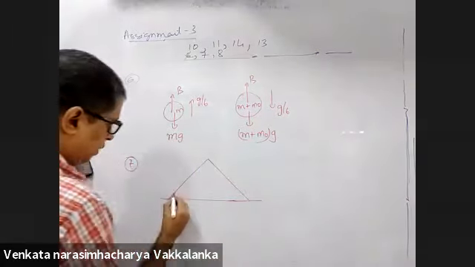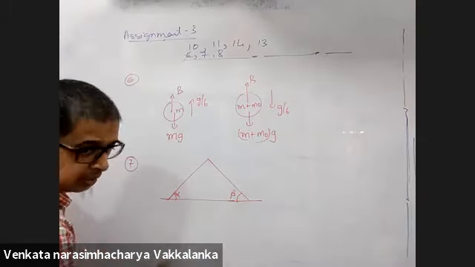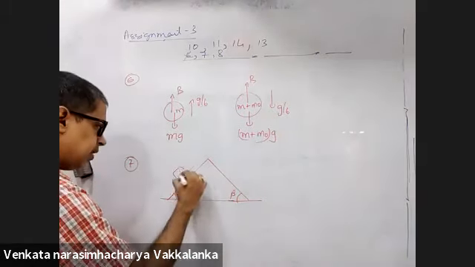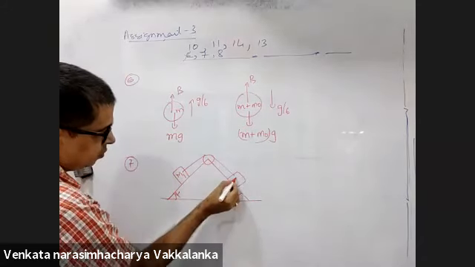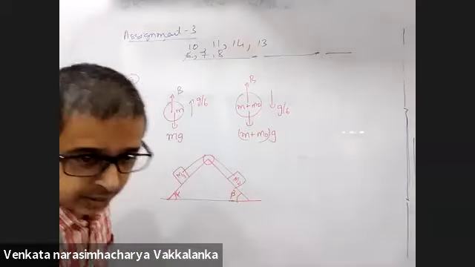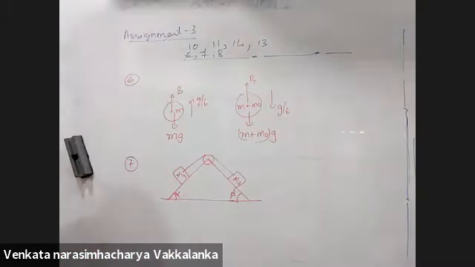Seventh one, this angle is alpha, this angle is beta. This is m1, this is m2, m1 and m2 attached on the ends of a light string which passes over a massless pulley attached on the top of the double inclined smooth plane of angle of inclination alpha and beta.